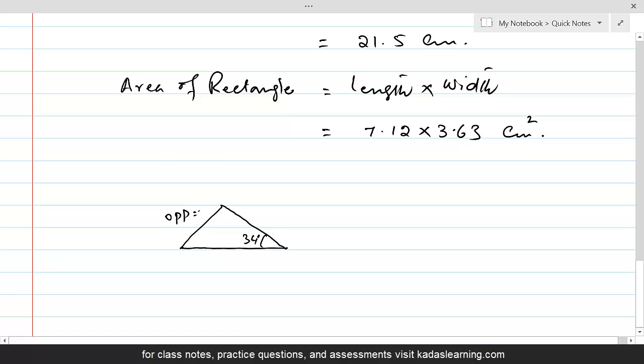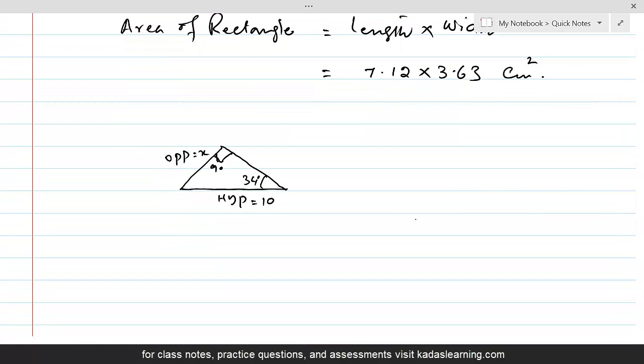Let's call this x, and the angle here is 90 degrees, so this will be the hypotenuse, and this is given equal to 10. If we name this triangle A, B and C, to find the perimeter we need to find all three sides of this triangle.